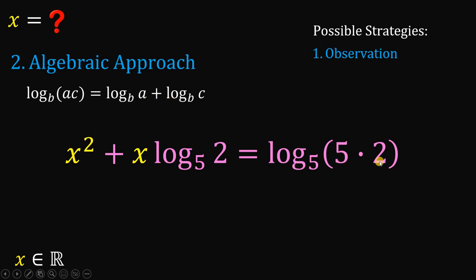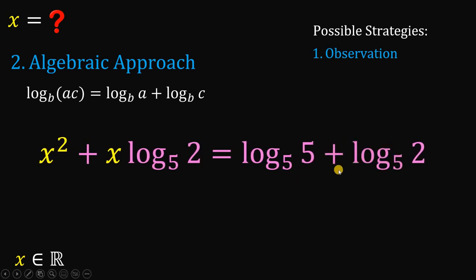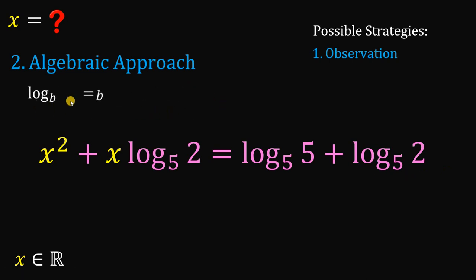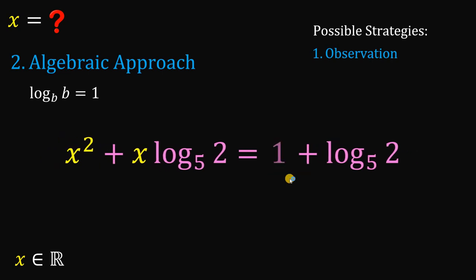Therefore, logarithm of 5 times 2 to the base of 5 can be written as logarithm of 5 to the base of 5 plus logarithm of 2 to the base of 5. And now, also take note that if we have logarithm of b to the base of b, it is equivalent to just 1. Therefore, logarithm of 5 to the base of 5 is just 1.